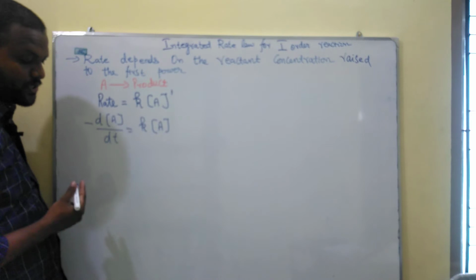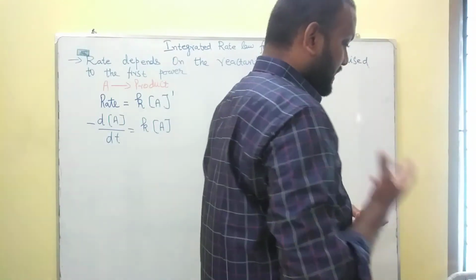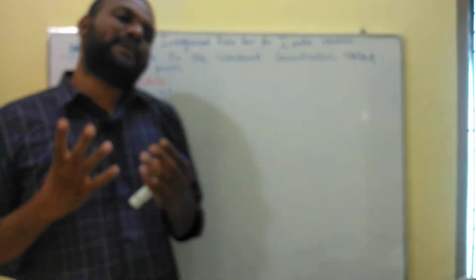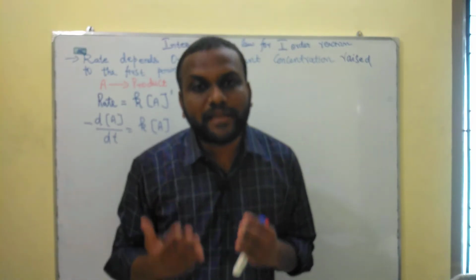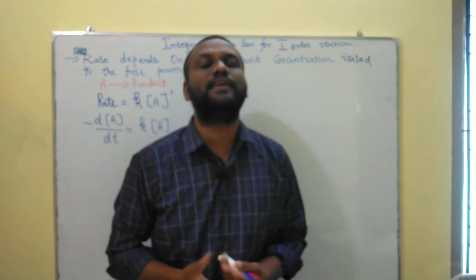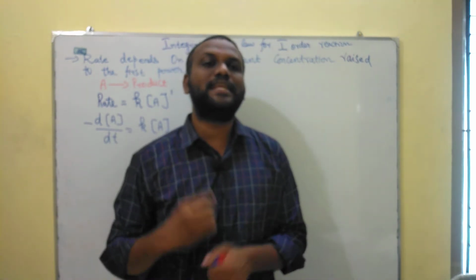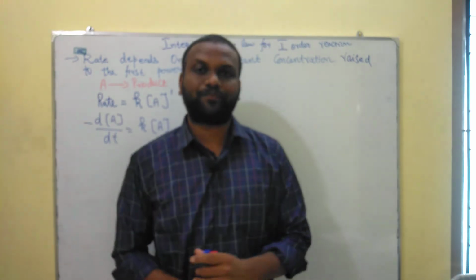Now we are going to calculate the integrated rate law for this first order reaction. For this integrated calculation, we have to limit the time and limit the concentration to a certain extent. Initially we take the time as 0.